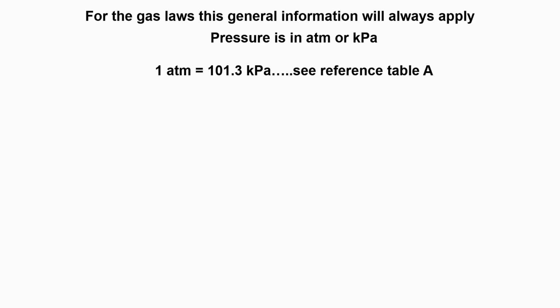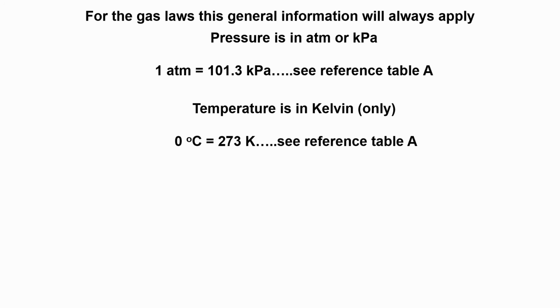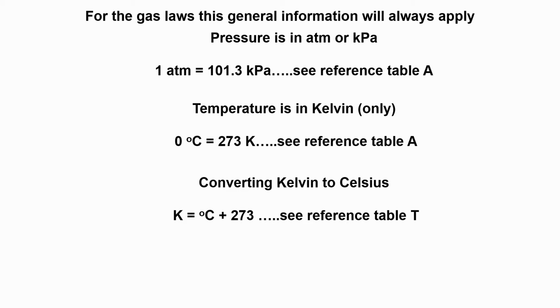This is all on Reference Table A. The temperature is in Kelvin only, where 0 degrees Celsius is equal to 273 K. This information is also found on Reference Table A. Converting Kelvin to Celsius, K is equal to degrees C plus 273. This formula can be found on Reference Table T.